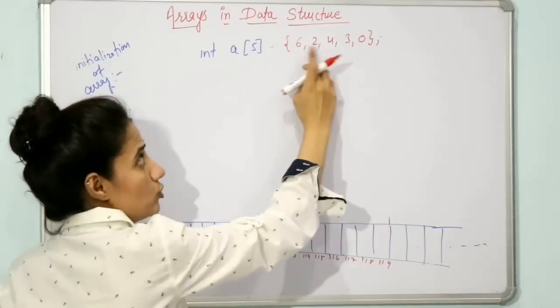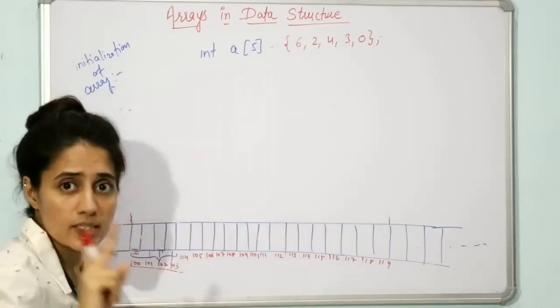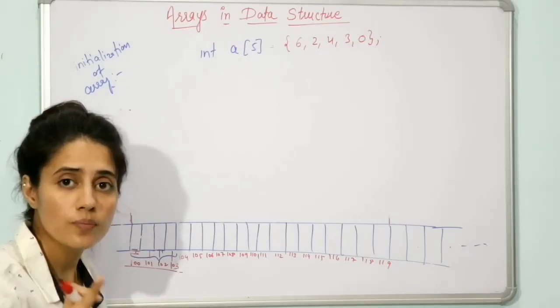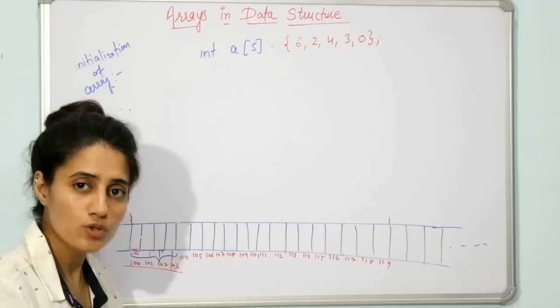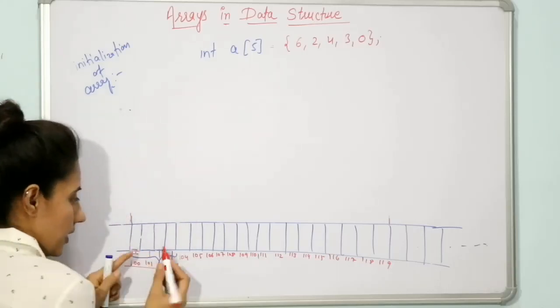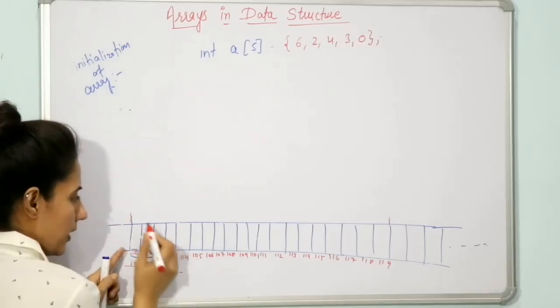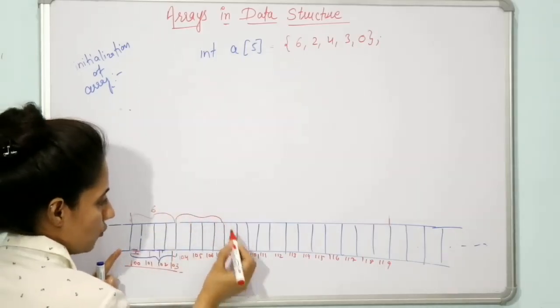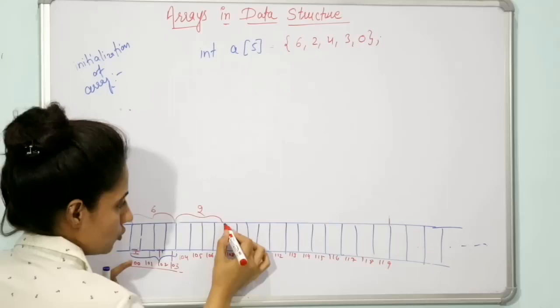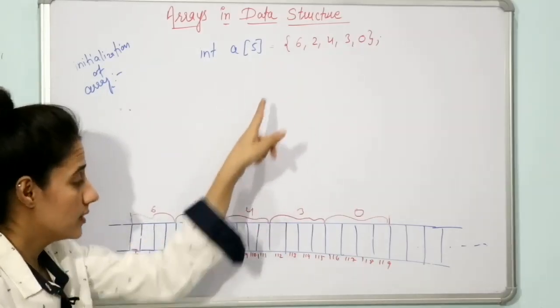Now, how is the data stored? First of all, the 6 is converted into binary form, and then the data is stored here. 6 is stored in these 4 bytes, next 2 would be stored. So this is how the data is stored.